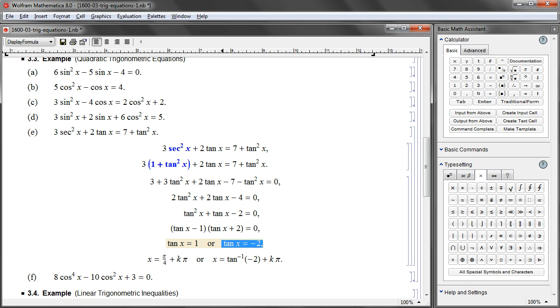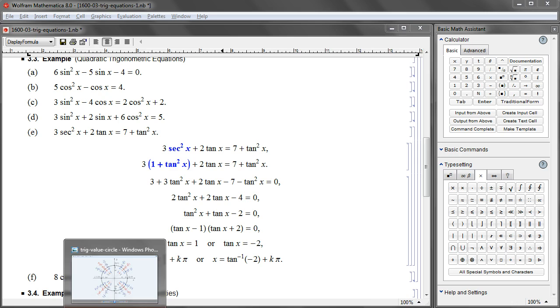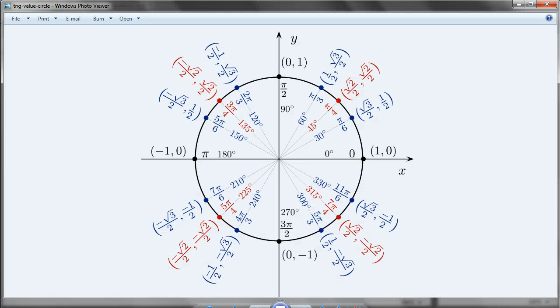From the first factor, which is a standard angle, we get pi over 4. From the second one, we have arctangent of negative 2. By the way, how do you know that's pi over 4? Well, here it is. Trig diagram again. And when is the tangent equal to 1? That's when sine and cosine are the same.